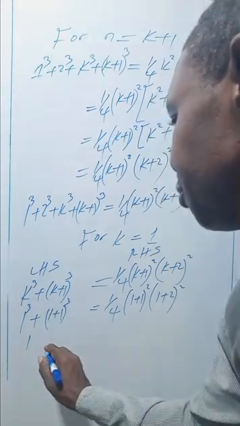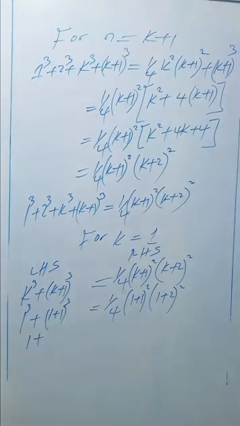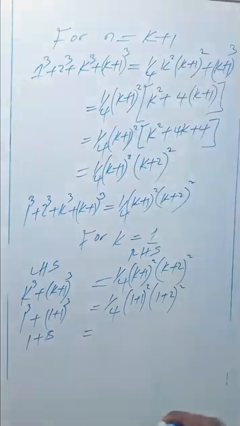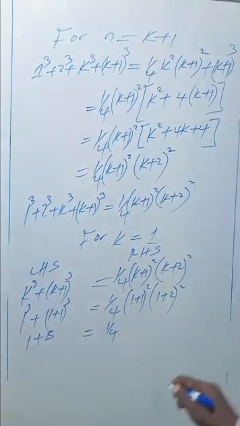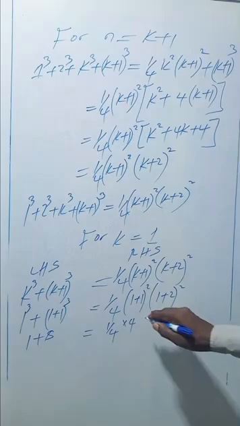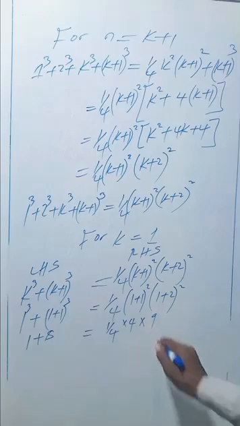Here we have 1, then plus 1 plus 1 is 2, 2 cubed. This is 8, equals, here we have 1 over 4, then 2 squared, that is 4. Here we have 3 squared, that is 9.